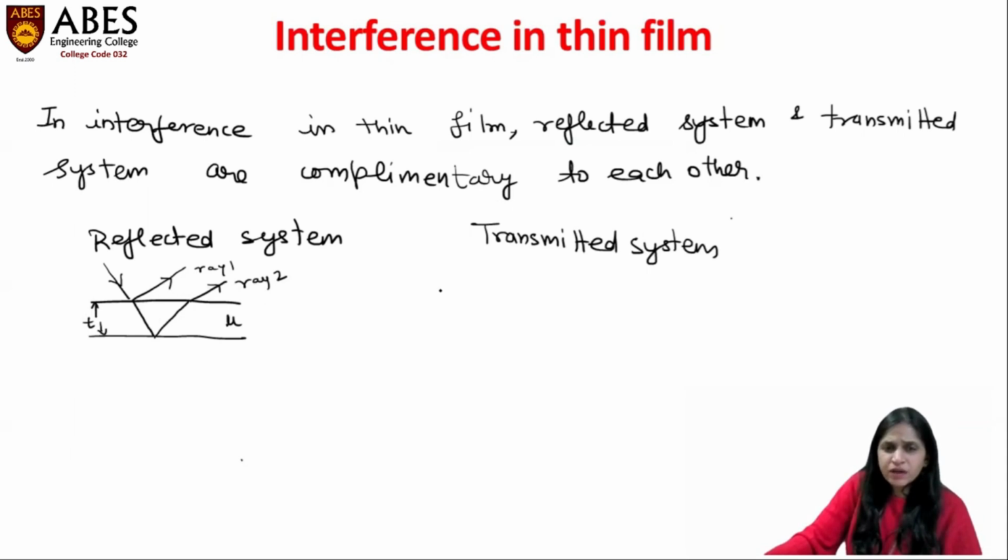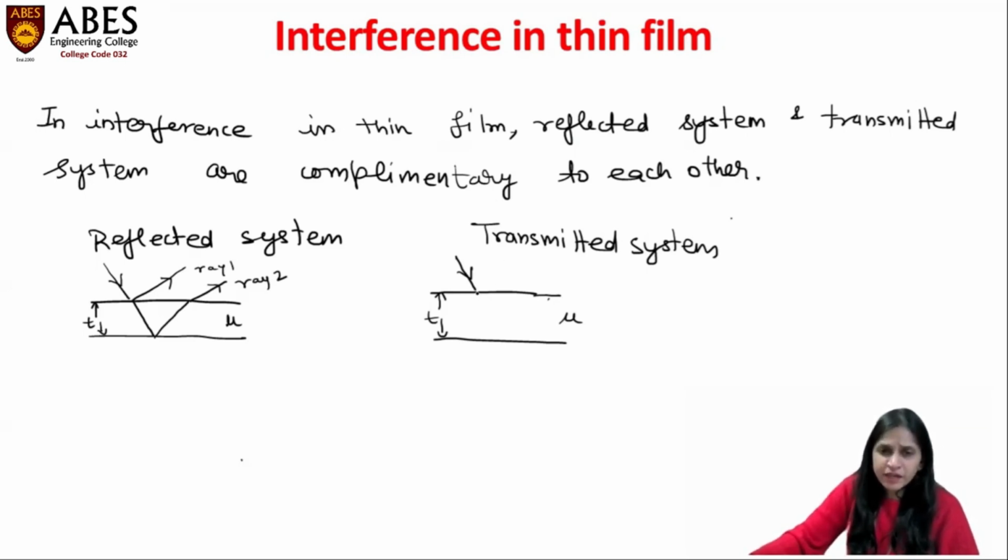And if we talk about the transmitted system, again we take the parallel thin film of thickness t and refractive index mu, so we know that rays are also transmitted from the thin film. The light from the source is incident on the thin film, and now we are going to talk about transmitted rays.